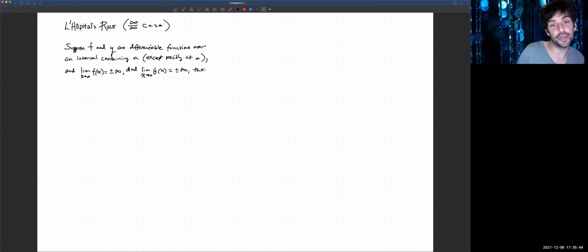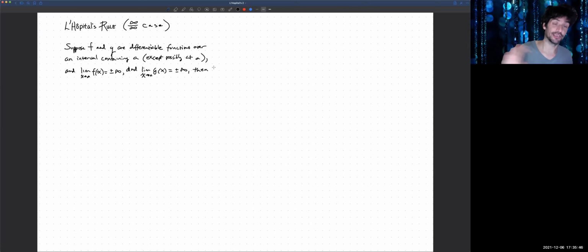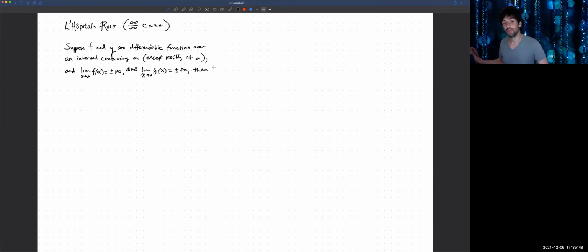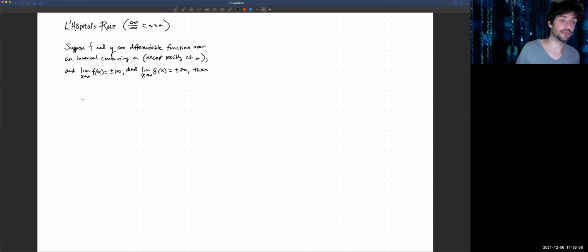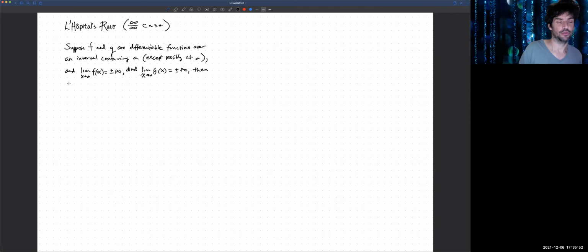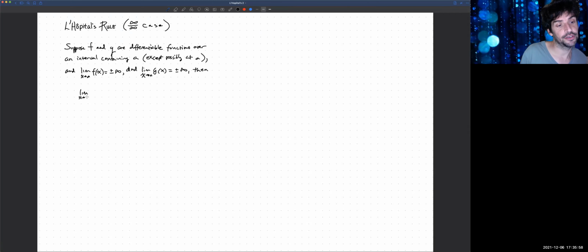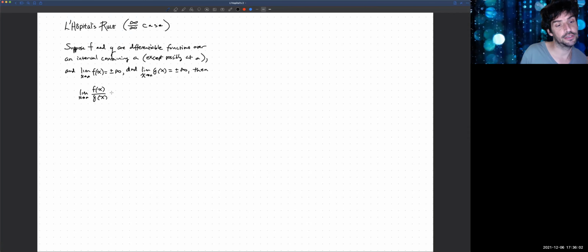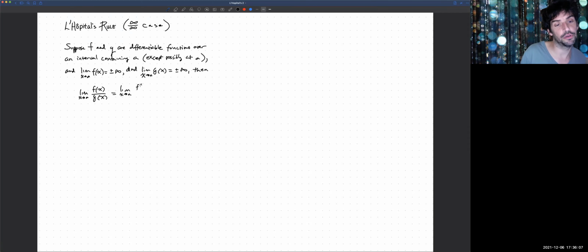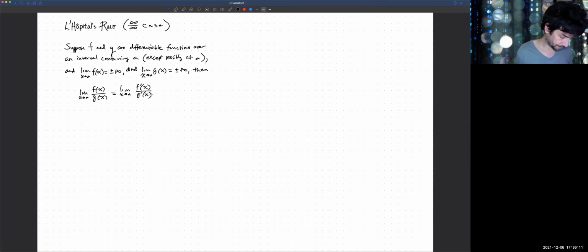If both of them have infinite limits, in other words, their limits don't exist, but they grow increasingly large or small, or large negative. If that's true, then the limit as x goes to a of their quotient is equal to the limit as x goes to a of the quotient of their derivatives.